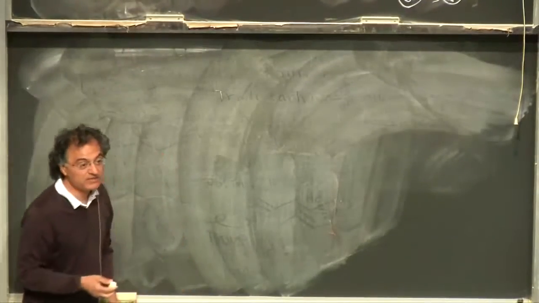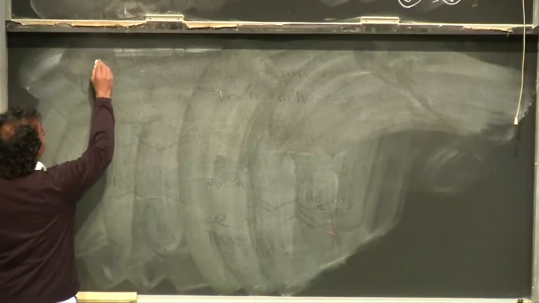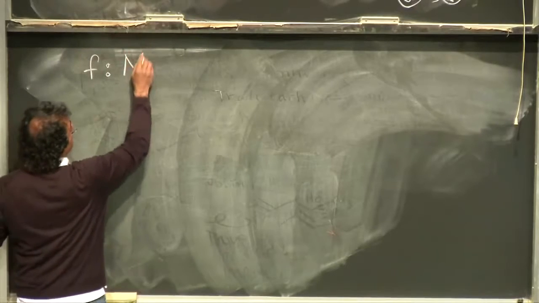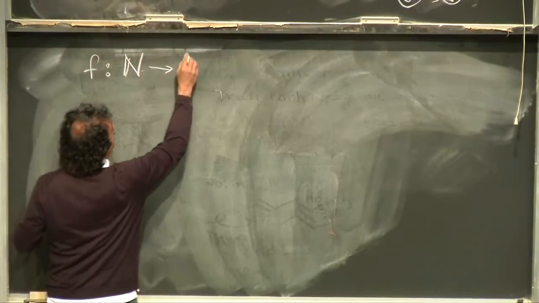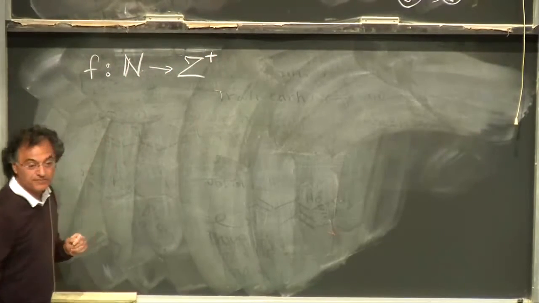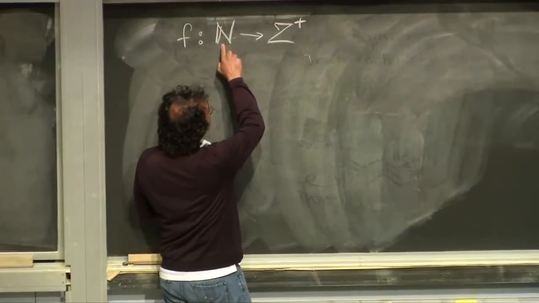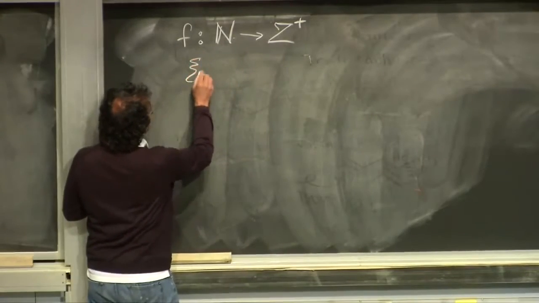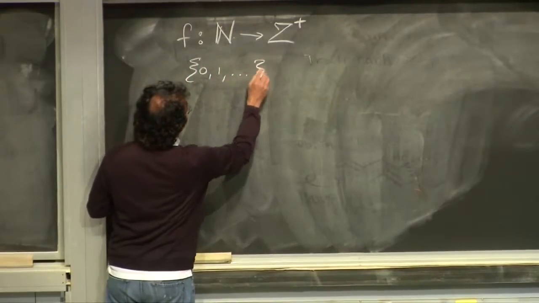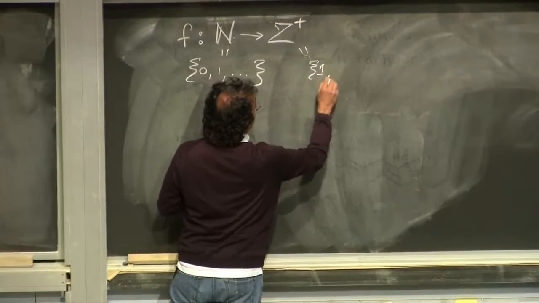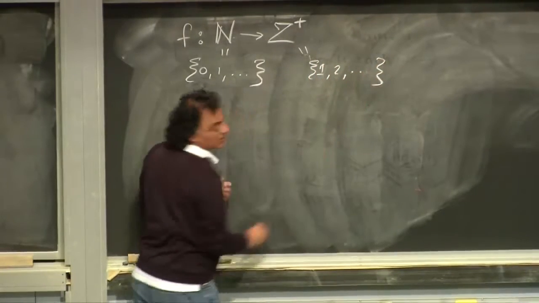The answer we get is, well, you have a function f such that N, the natural numbers, get mapped to Z plus. And what's this function? It's a bijection between the natural numbers 0, 1, ... to Z plus, which is 1, 2, ... Right?